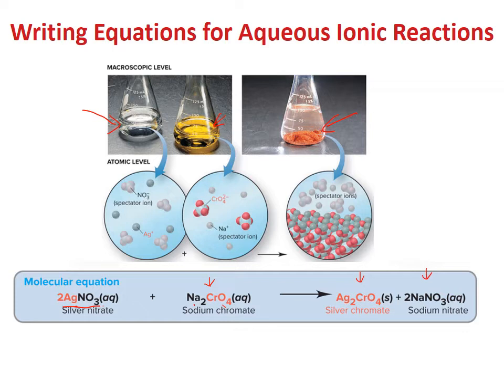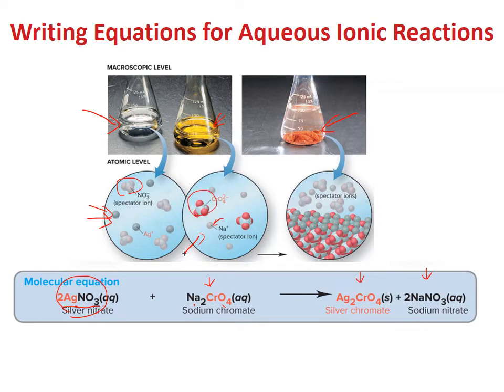Now this equation is not the best way to represent this reaction, because in the solution, silver nitrate actually dissociates. You can see at the molecular level, it dissociates into nitrate ion and silver ion. Similarly, sodium chromate dissociates into sodium ion and chromate ion.